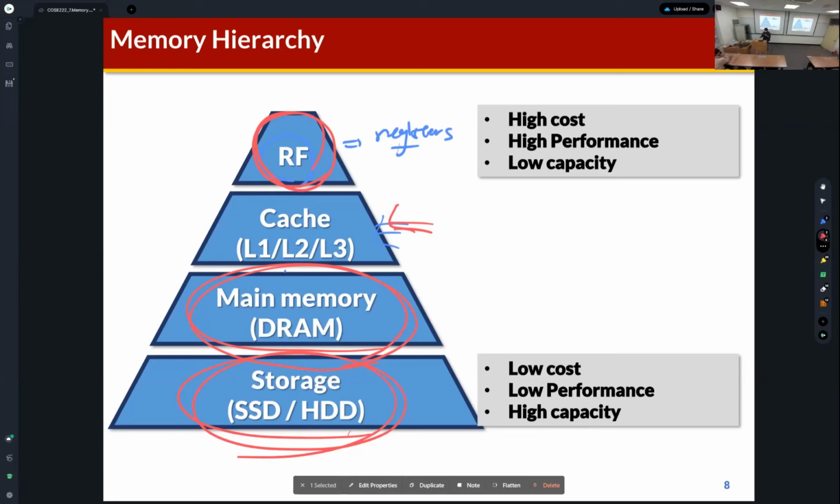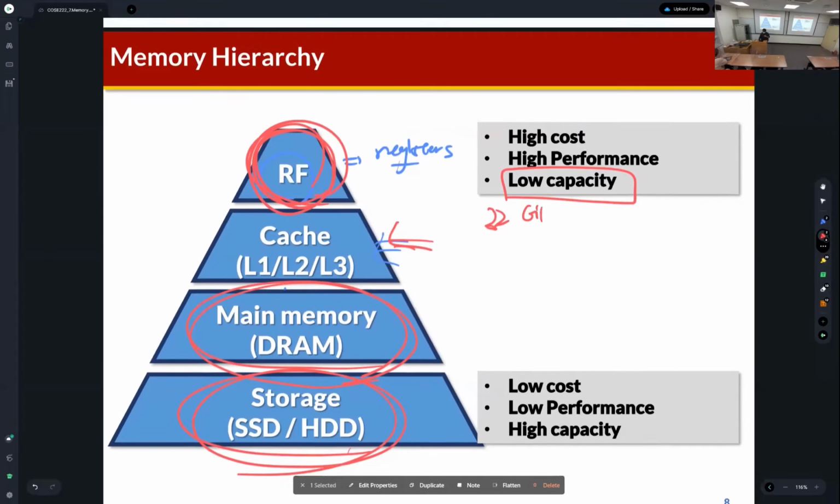But as I mentioned, the capacity of the register file is low. When we learned about the register file, it has 32 general purpose registers.